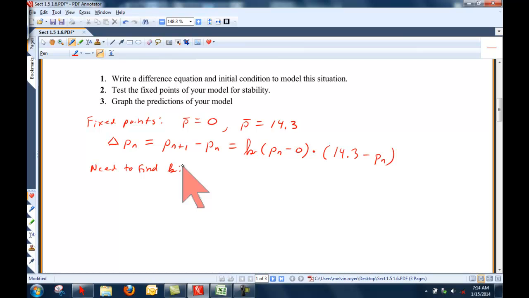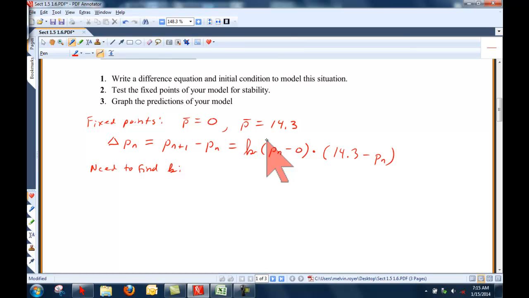There are two ways of doing that, at least two ways. One would be simply trial and error. Generate successive plots of what this model produces for k equals 0.5 and 3 and 0.001, and try various values and see which one matches the best.